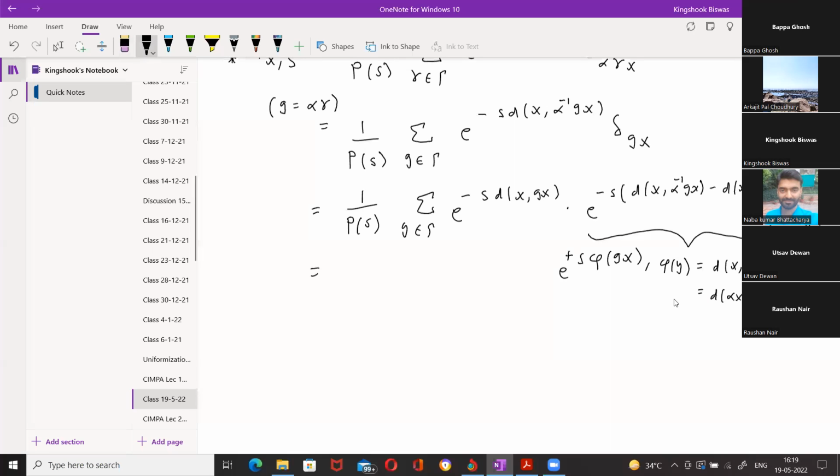Let me make this a plus, and I change the sign of phi. I make this a minus and this a plus. So as y converges to xi, this converges to b_x(alpha x, xi), by the definition of the Busemann function, by what we proved earlier.